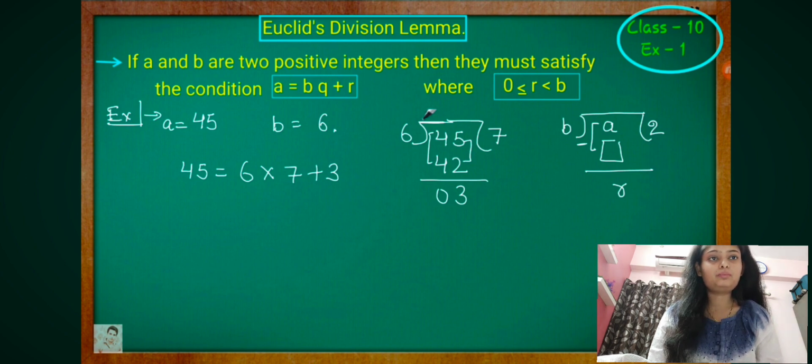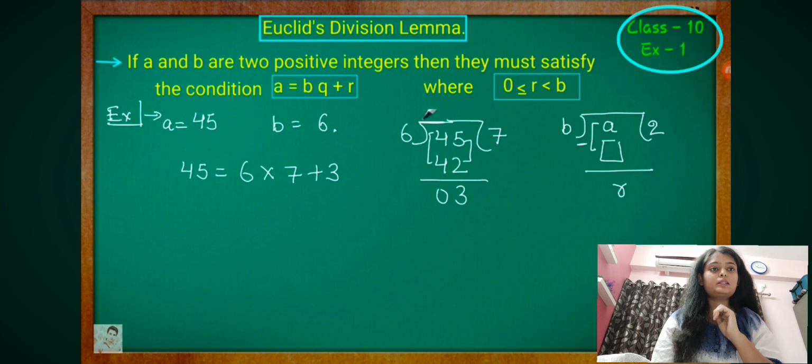So let us take an example. This is about division, so let us take the value of a as 45 and b as 6. If we divide 45 by 6, we will see that 6 sevens are 42, so the remainder comes as 3.